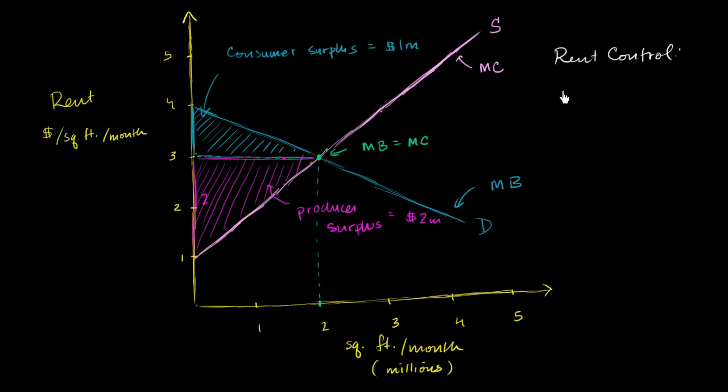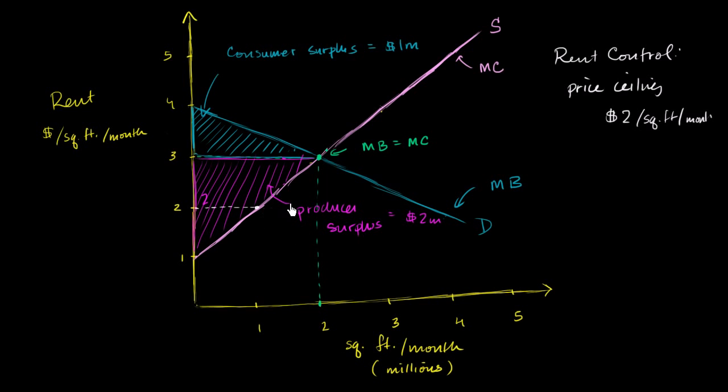So let's just say that they set a price ceiling of $2 per square foot per month. So they set a price ceiling.